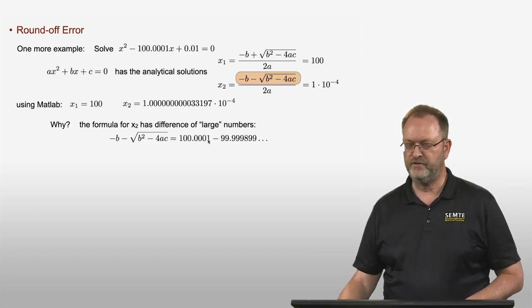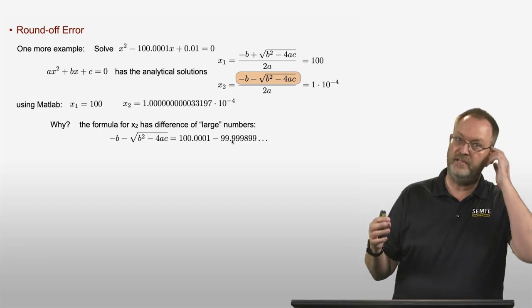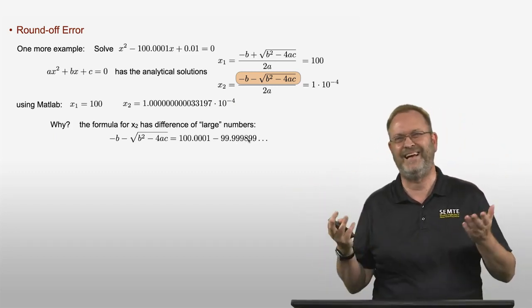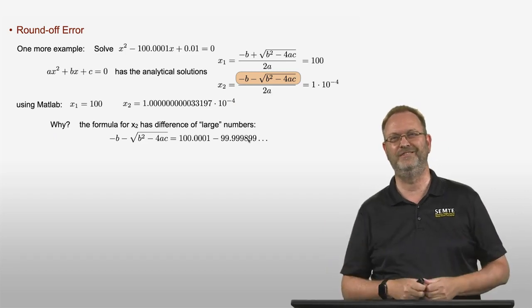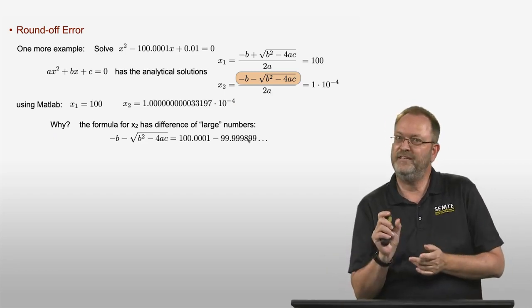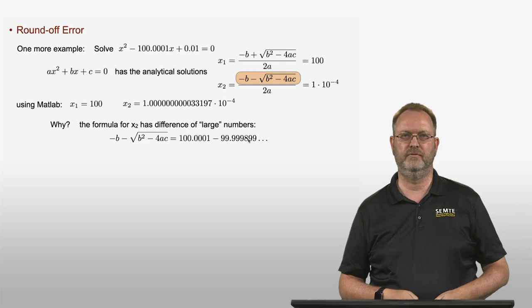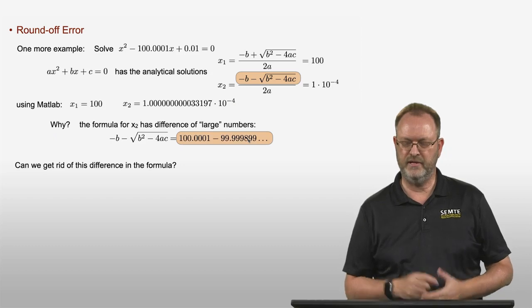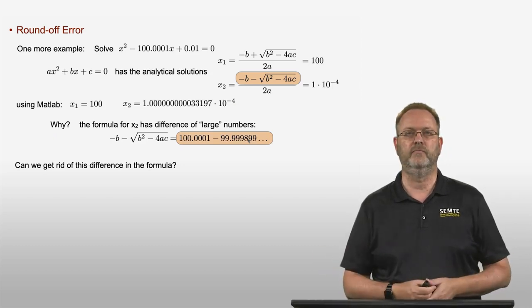And if you plug in the values for the square root, you get minus 99.999899. So you take the difference of large numbers, where numbers of order 10 to the power 2 are kind of large, even though they're not humongously large. We take the difference of these numbers, and that is prone to round-off errors. So the culprit for this round-off that we see in the solution is taking the difference.